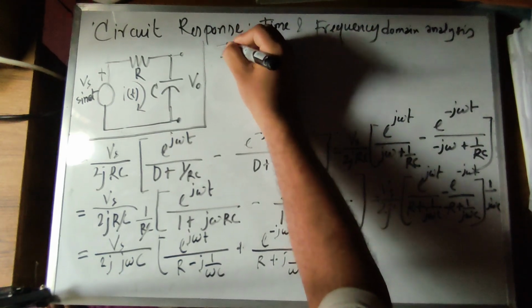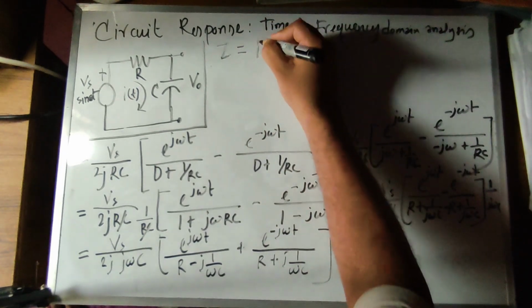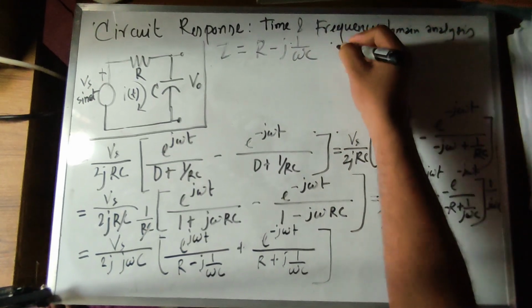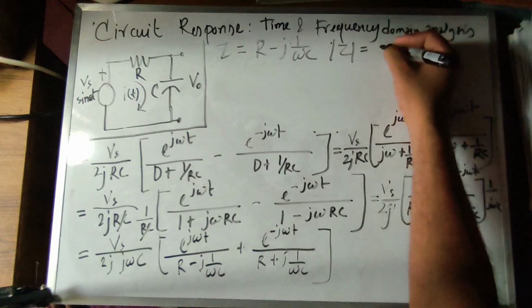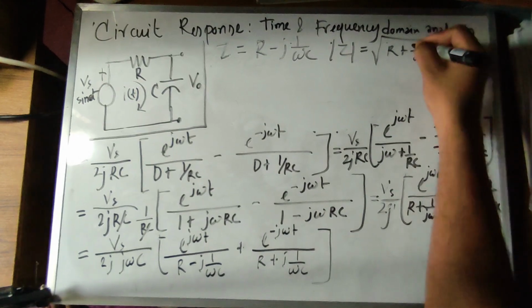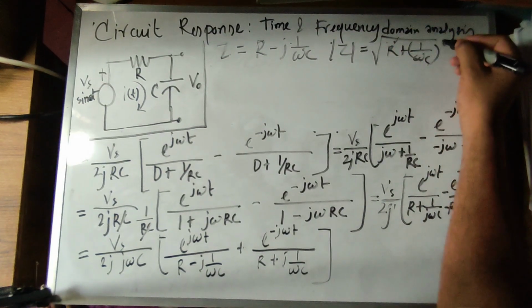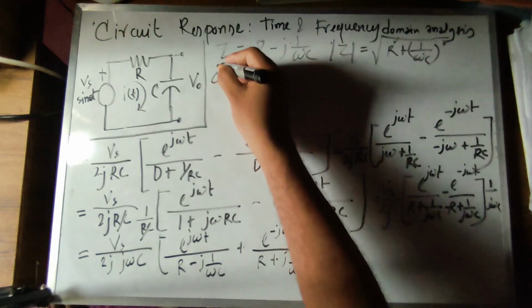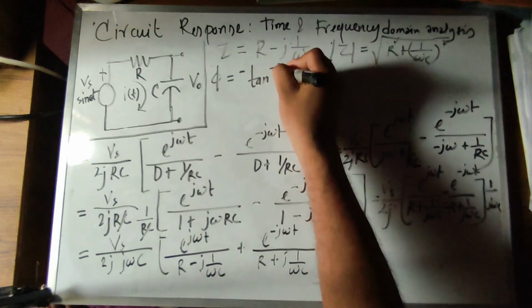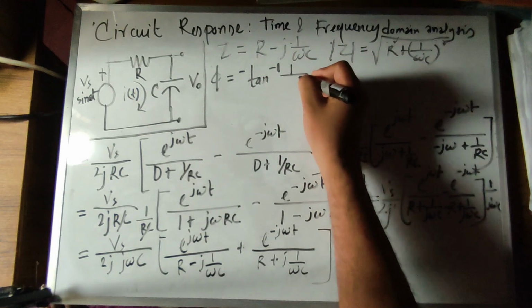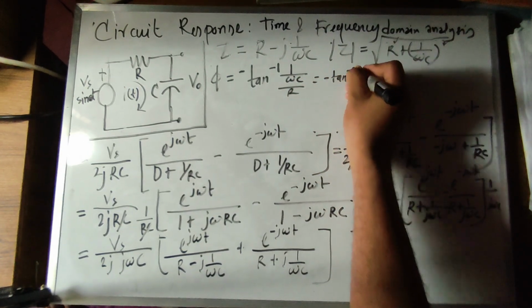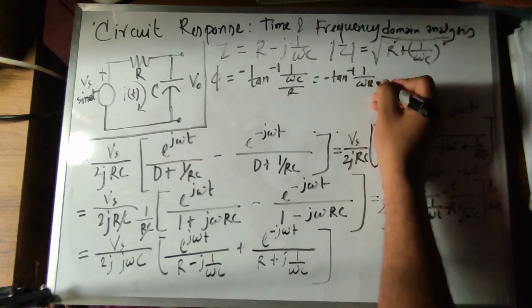Say the impedance of the RC circuit is R minus j 1 by omega C, for which the magnitude will be root over R square plus 1 by omega C square, and phi will be minus tan inverse of 1 by omega C by R, which is minus tan inverse 1 by omega RC.